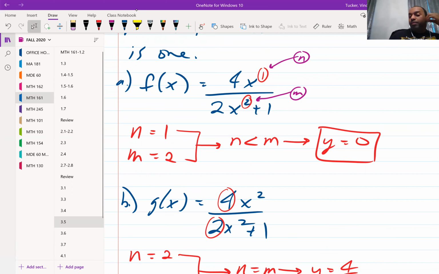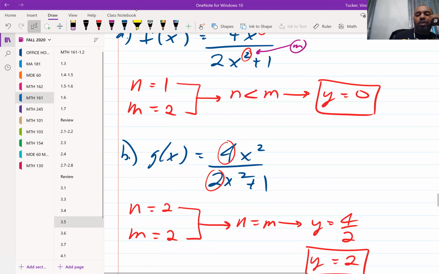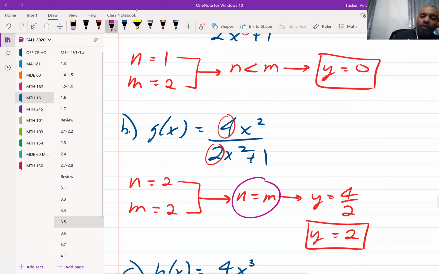All right, next one. Degree of the numerator and denominator is 2. So that means our variables are equal. So what we'll do is take the coefficient of each x squared, or the leading coefficient of each numerator and the denominator, place them over each other.